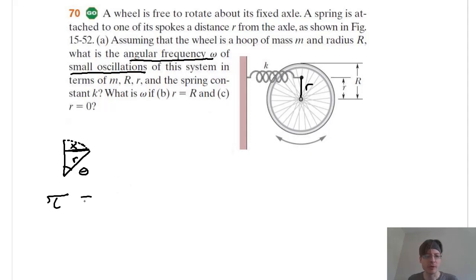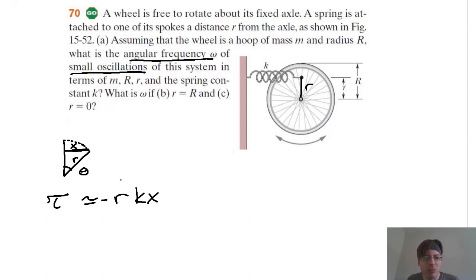The torque from the spring is approximately just r k x with a minus sign. Minus sign because when it's displaced to the right, the torque is back to the left or counterclockwise and vice versa.